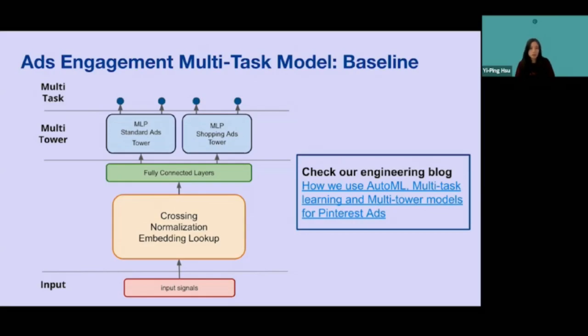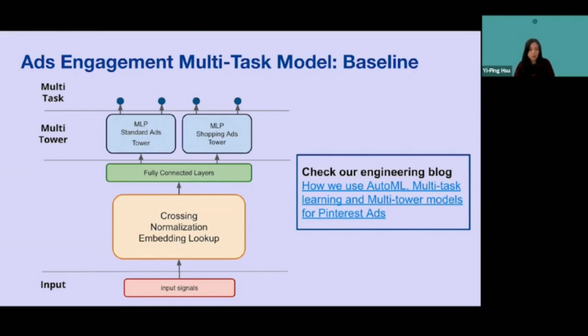On top of the fully connected layers, we have multi-tower structure to handle different ads product type in Pinterest. Using this multi-tower structure can help to isolate the interference between different ads product type without hurting each other. In addition, this model jointly optimizes multiple objectives like click-through rate and also other engagement action like good click rate and scroll up rate.